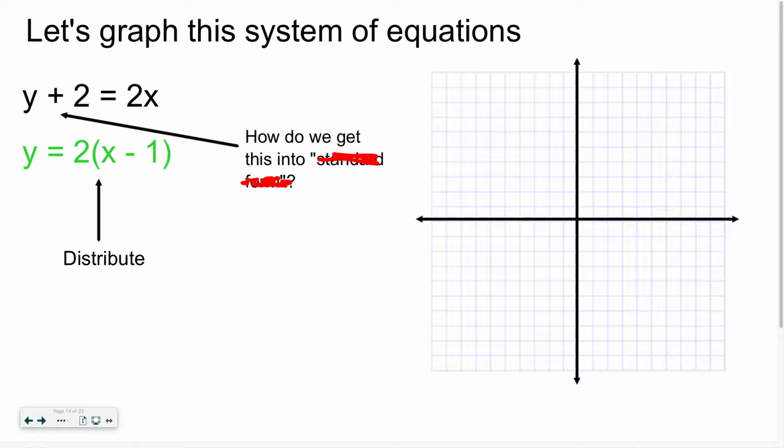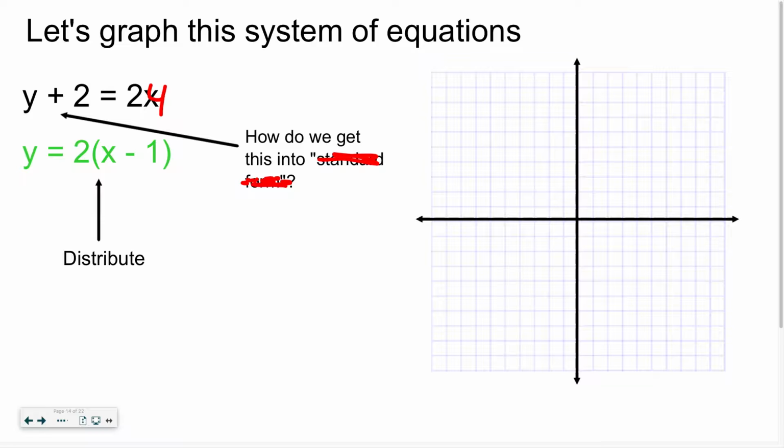Everyone find two coordinates on the line. What would you do? You can do 4, so 4 times 2 is 8, and then 8 plus 2 would be 10. Okay, so you're saying you want to find coordinates using a table. If x is 4, what would y have to be?